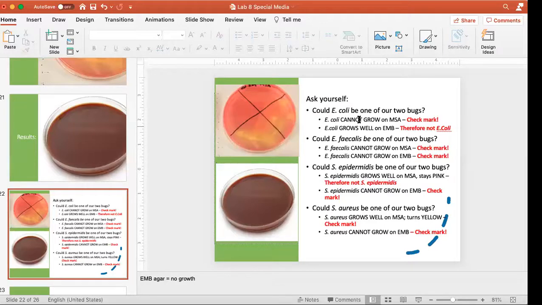It can't be E. coli because E. coli would have grown on EMB. And it can't be Staph epidermidis because Staph epidermidis would have grown on MSA and left the media pink. So the only one left is Enterococcus faecalis. You got it, Brooke. Good job.